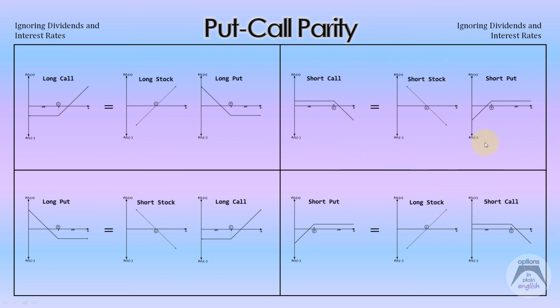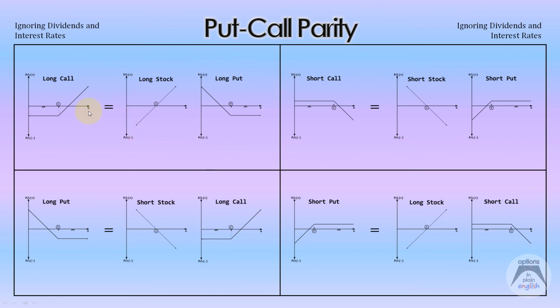Knowing this information is going to make you a much better trader, and is going to take you from being just a trader who trades options, like I said in the beginning, to a real options trader. You're going to be able to apply these relationships, and you're going to be able to get out of trouble in some situations where, for example, you can't trade long calls, but you can trade long stocks and long puts.